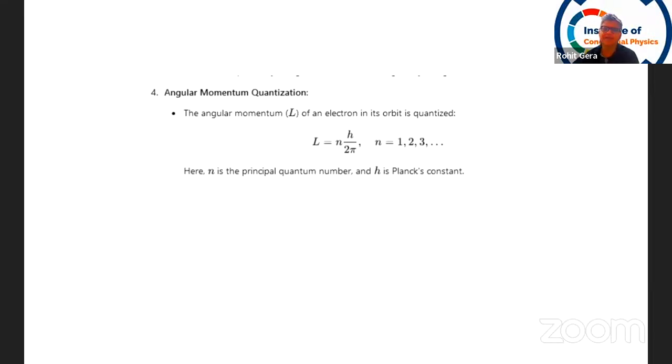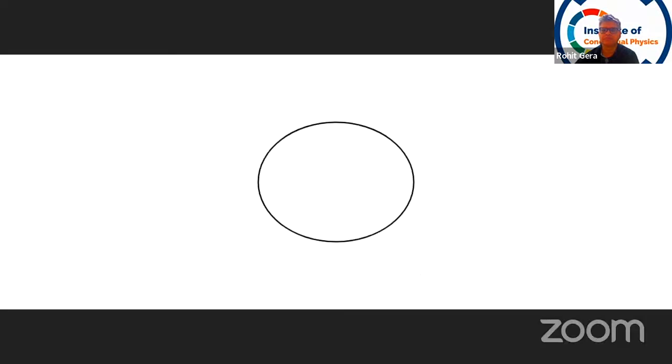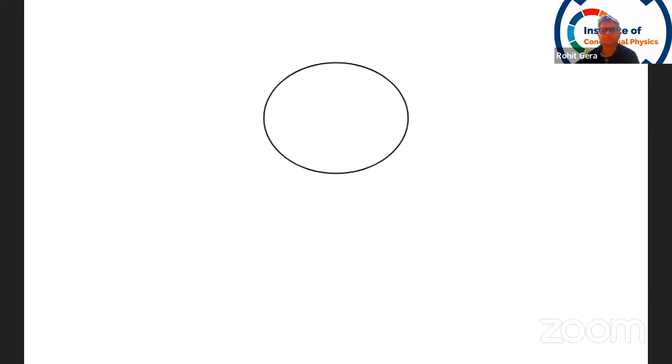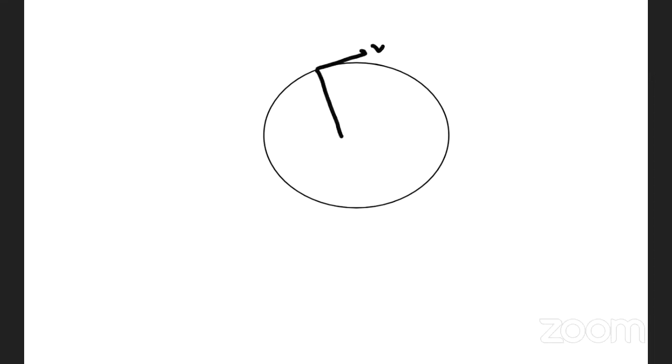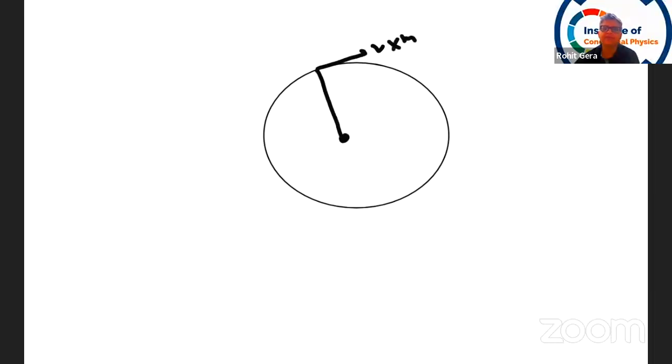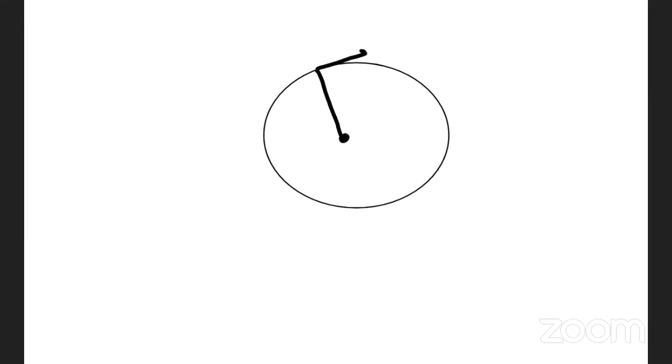What it means is that if you have an electron revolving, and it has a velocity v here. This is its perpendicular distance from the center, right? Its linear momentum is m into v. So I write it as mv. It's a linear momentum.